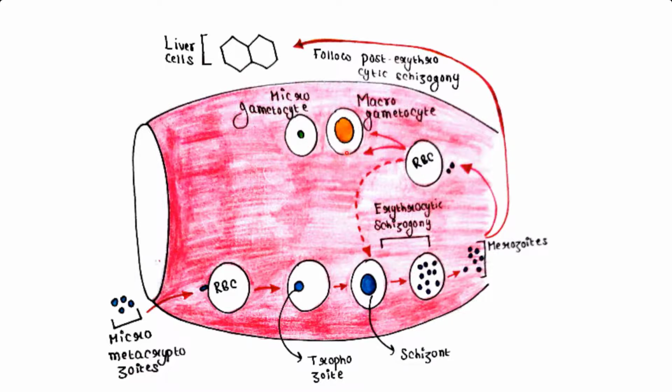Gametocytes remain in the human blood for several weeks but are unable to develop any further. It is necessary for them to be taken into the body of an Anopheles mosquito. If this does not happen, they degenerate and die. So this is the asexual cycle that entirely occurs in the human body.